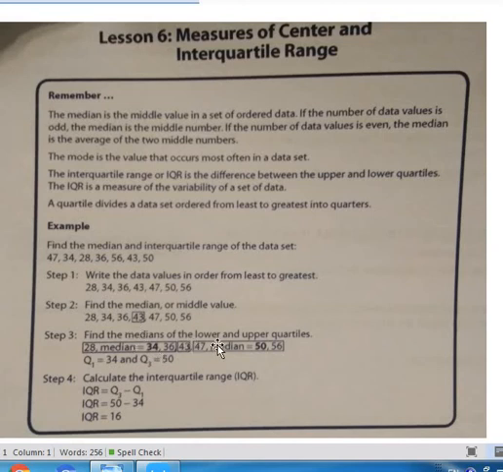Find the medians of the lower and the upper quartiles. Focus here. Before the median, I have the lower quartile, and after the median I have what? Upper quartile. So I need to find the new medians for the lower quartile and the upper quartile. This is called Q1 and this is called Q3. So for Q1 I have here 28, 34, 36.